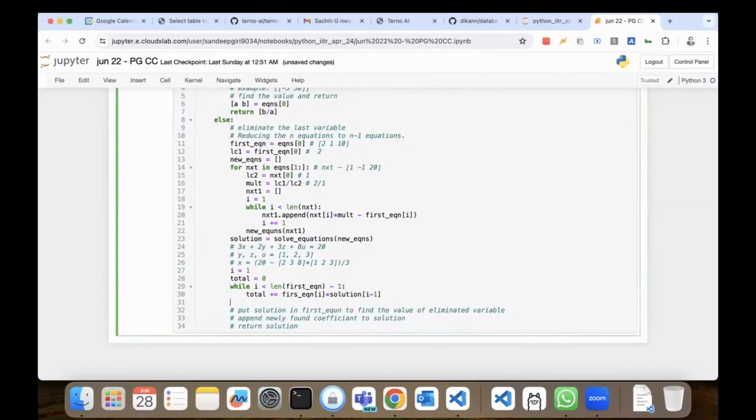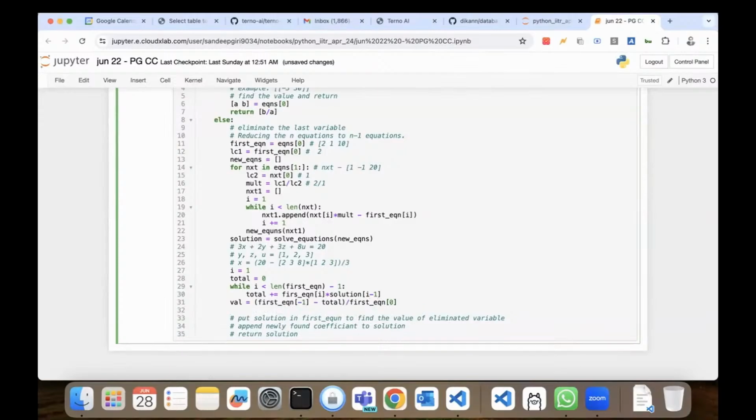Now my variable's value is going to be how much? The first equation's last value minus total, and divide by first equation at 0. Cool.